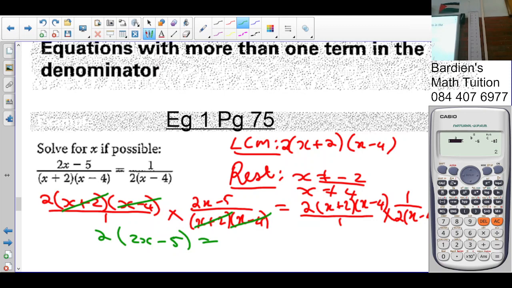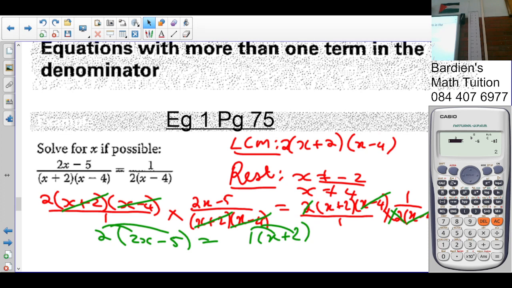Cancel this here, that 2 cancels the 2. x minus 4 cancels x minus 4. So what are we left with? x plus 2, or 1 into x plus 2. So what is it now? A linear equation. Get rid of the brackets and you solve it. And I'll do it the other way as well, so that you can set your hearts at ease.